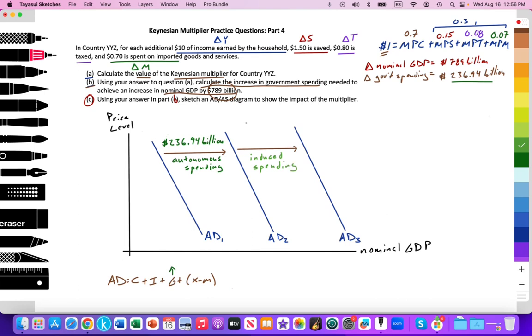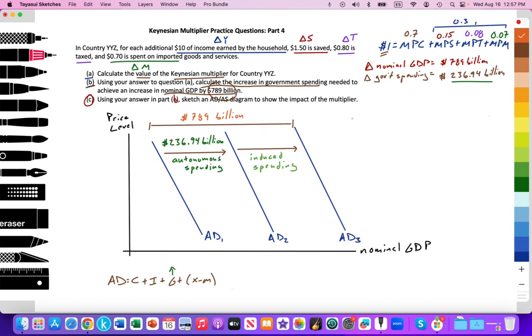The total change in aggregate demand will be the distance from AD1 to AD3, which is $789 billion. So the only thing I'm missing is the value here.